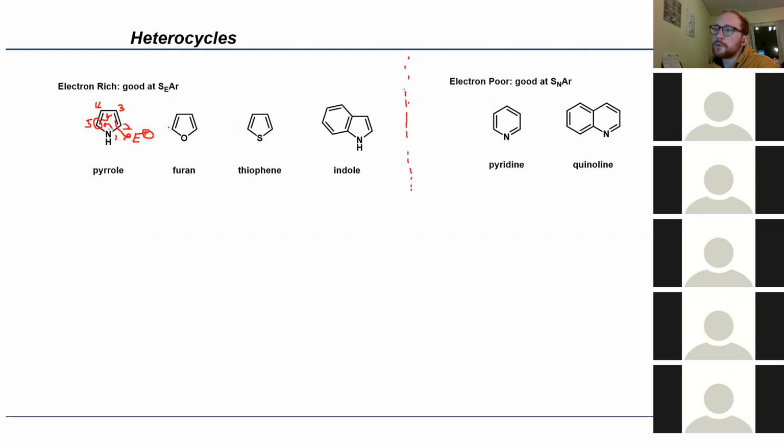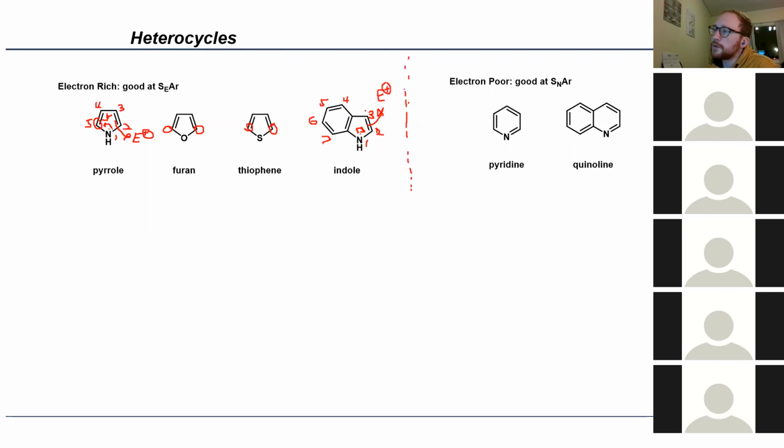So for furan, thiophene, and pyrrole, they react in electrophilic aromatic substitution preferentially at the 2 position. For indole, the classic argument is that it reacts preferentially at the 3 position.